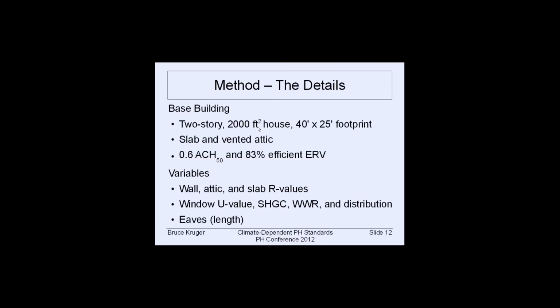So the base building was meant to represent what's typically being built in the United States. 2,000 square feet, has a slab and a vented attic, but I did apply passive house standard air tightness to it. And then I varied insulation levels in the envelope and varied window types and area and distribution. And to provide a little bit of variability in the shading, I varied the length of the eaves.